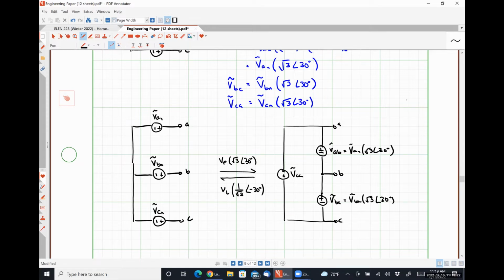So this is what allows us to go back and forth between a delta connected source and a Y connected source, depending on what is most convenient for our analysis techniques. Okay. Those transformations are fairly straightforward.